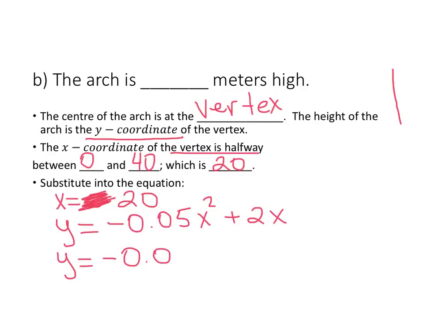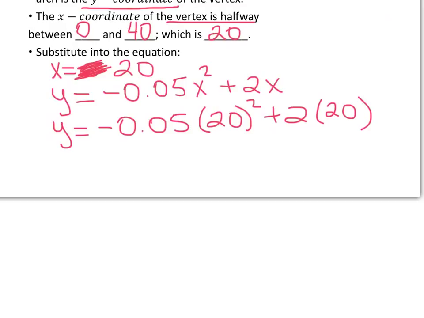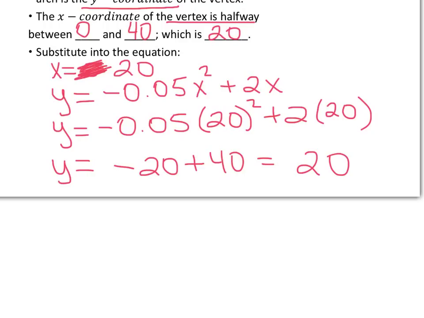So negative 0.05 times 20 squared plus 2 times 20, and that gives us y is equal to, so then that's minus 20 plus 40, and that equals 20. So this tells us that the arch is 20 meters high.